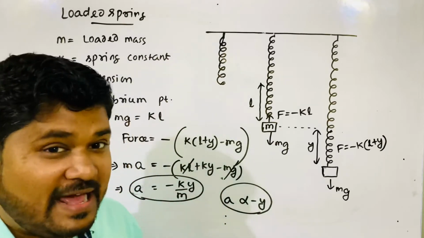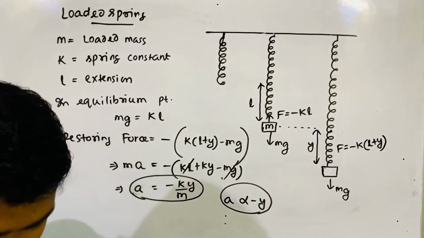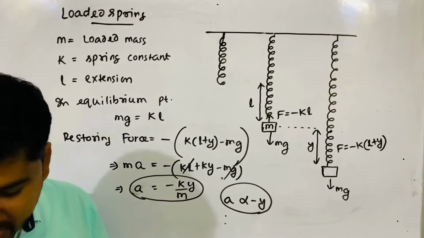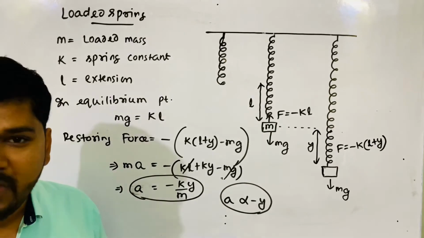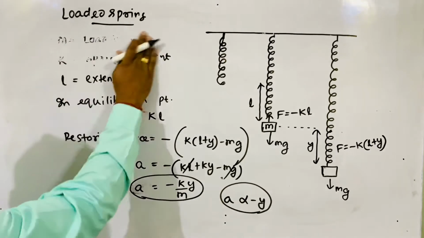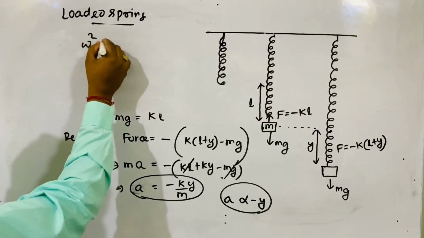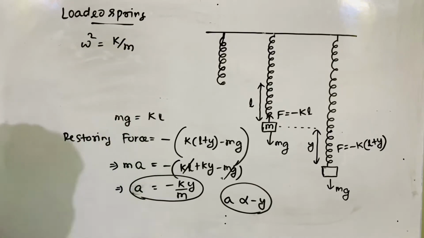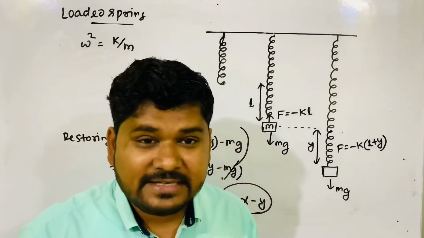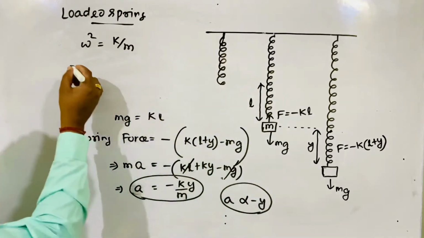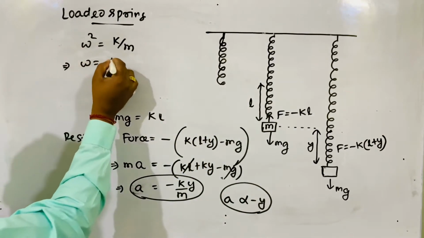Where omega square, see here, omega square is equal to k by m. If omega square is k by m, then omega is root over k by m.